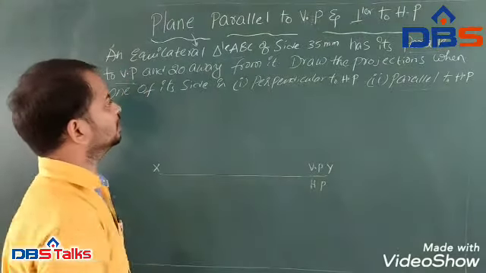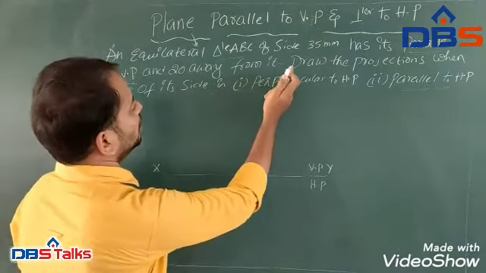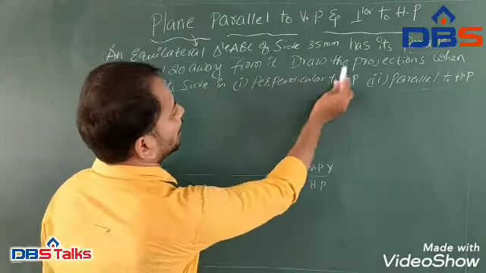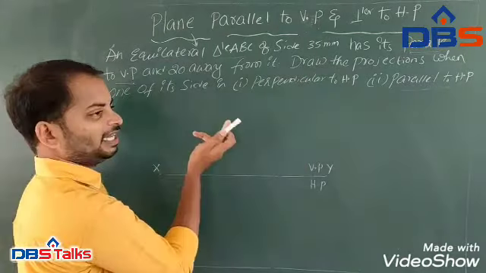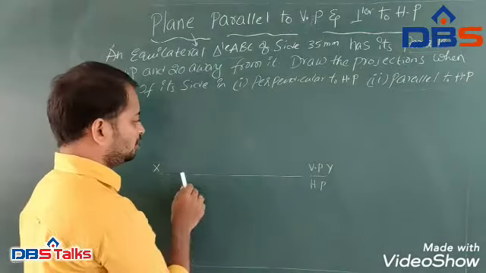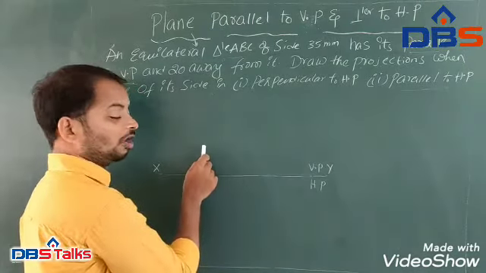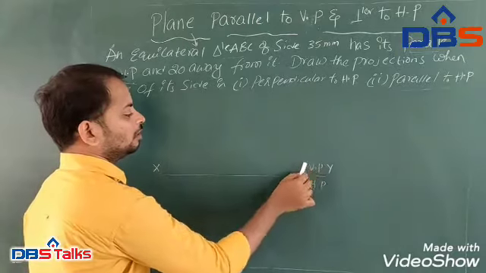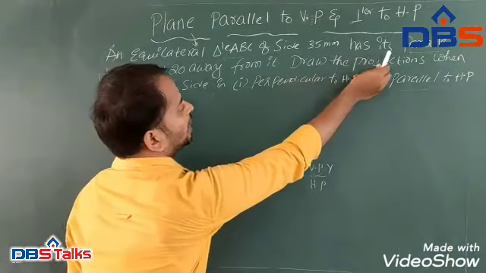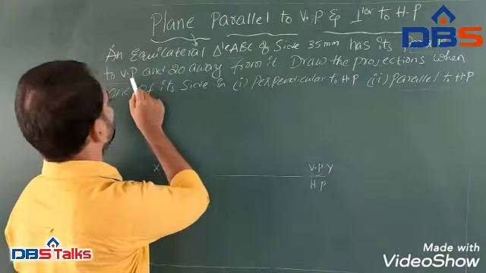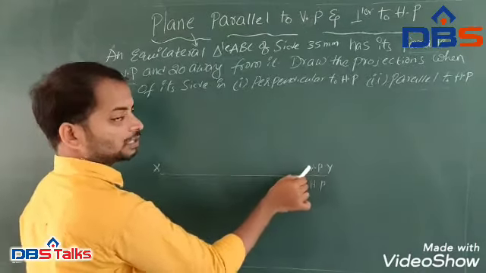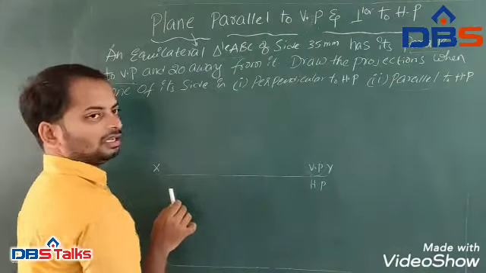Now it is clear. Then coming to the problem, since the plane is parallel to VP, its front view is always above the XY, so above the VP.